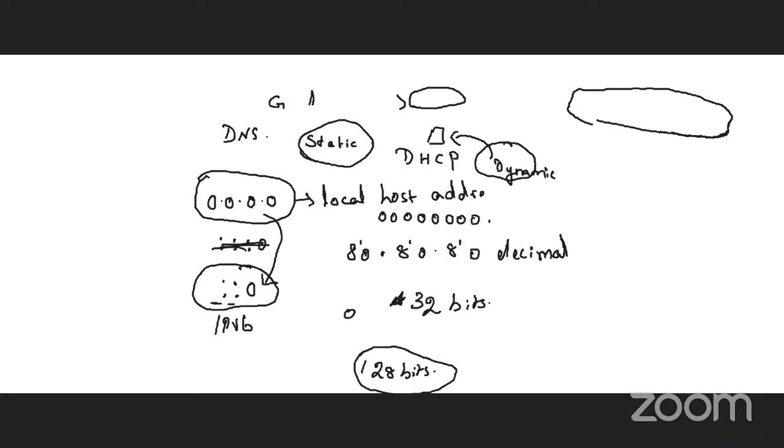Like in IPv4, what is the range of the IP? So the range is, actually we represent it in powers of 2, right?